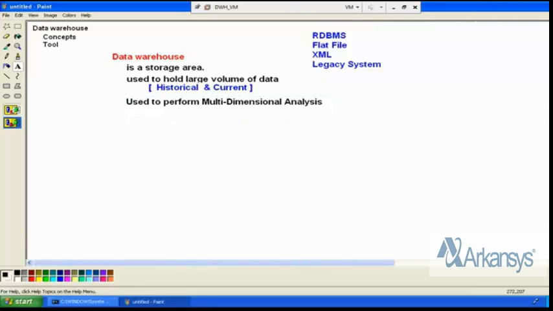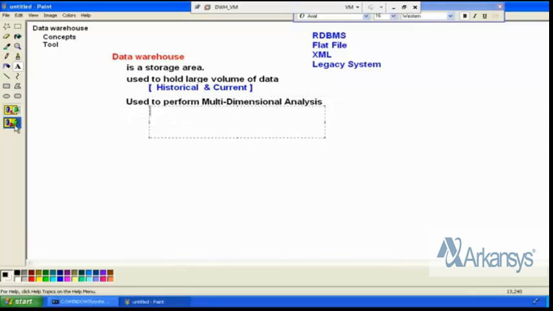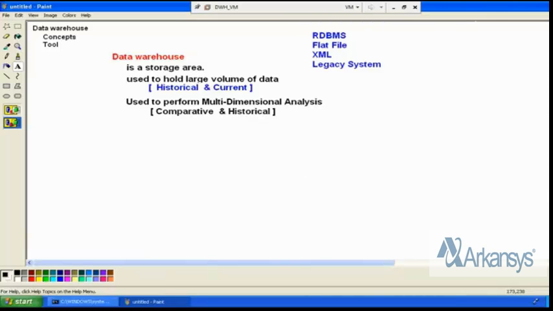What does it mean? It is like comparative and historical analysis. Used to perform multi-dimensional analysis like comparative and historical.